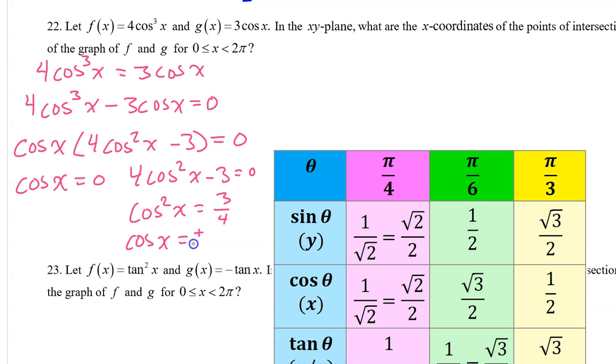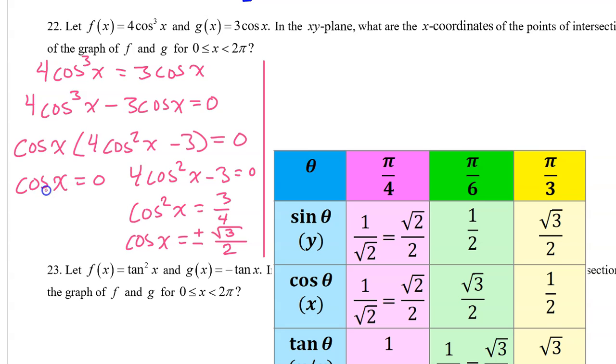So we need to say plus or minus. When you take the square root of a fraction, you take the square root of the numerator and the denominator separately. So the square root of the numerator is radical 3. Not much we can do with that. But the square root of the denominator is 2. So we get cosine x is equal to plus or minus radical 3 over 2.